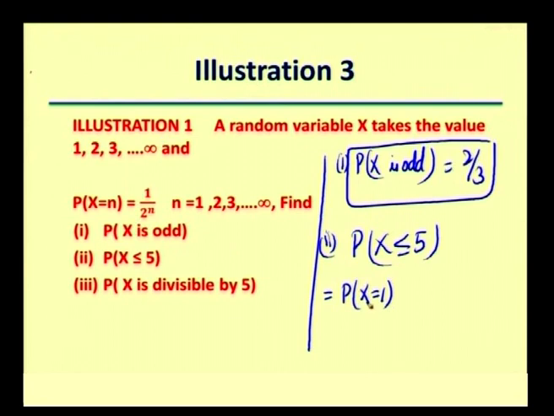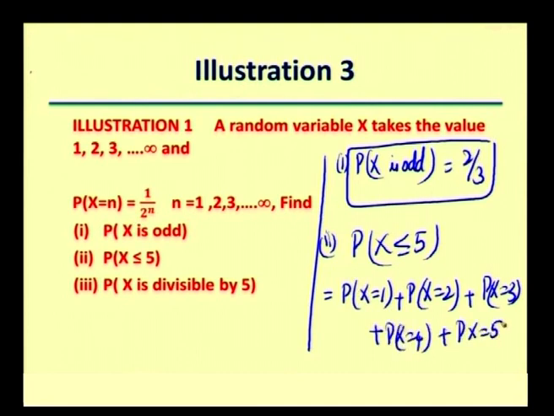You are not supposed to take x equal to 0 although it is less than 5, because we take only the values x assumes. Plus P of x equal to 2, plus P of x equal to 3, plus P of x equal to 4, then P of x equal to 5.